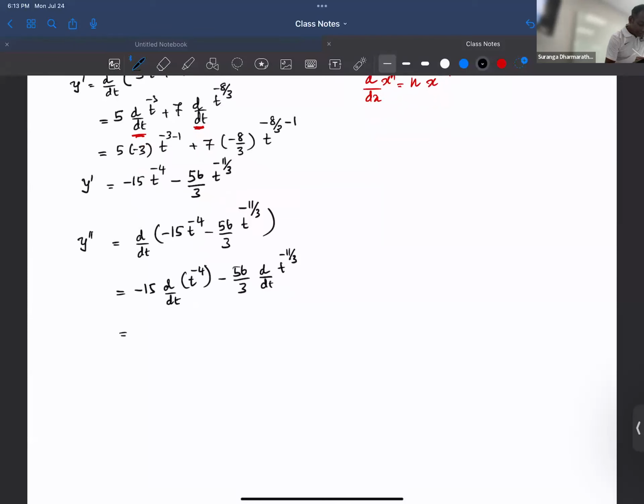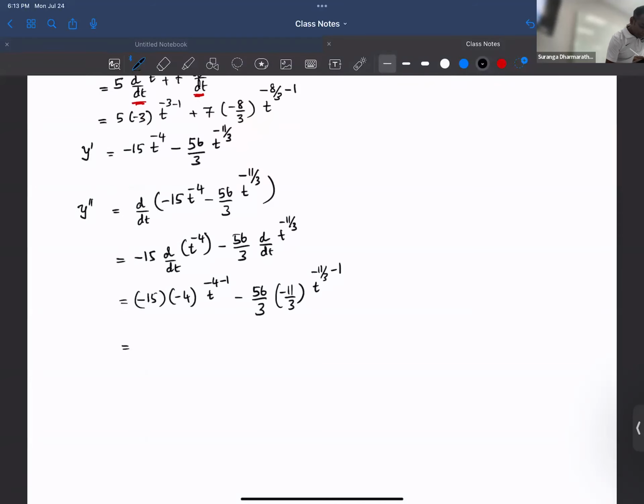Does that make sense? Now you differentiate: negative 15 times negative 4, t to the power negative 4 minus 1, minus 56/3 times negative 11/3, t to the power negative 11/3 minus 1.